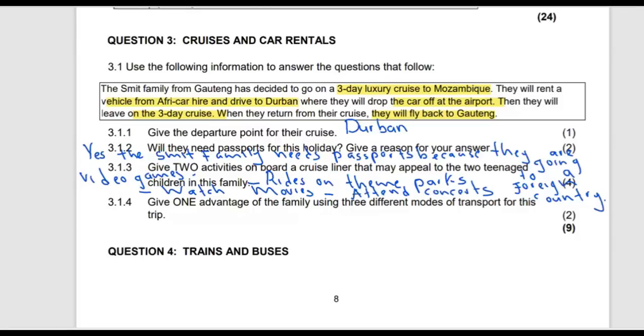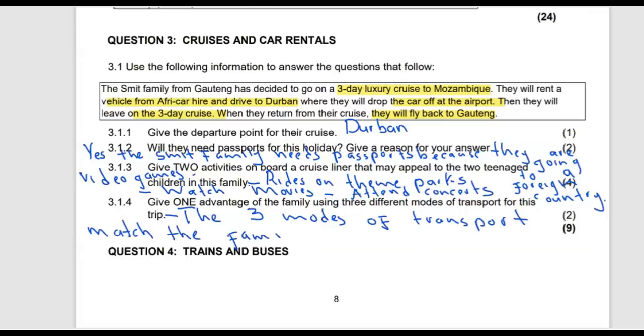Then moving on to the next one. Give one advantage of the family using 3 different modes of transport. The 3 modes of transport match the family's itinerary. They are suitable for the family's itinerary.